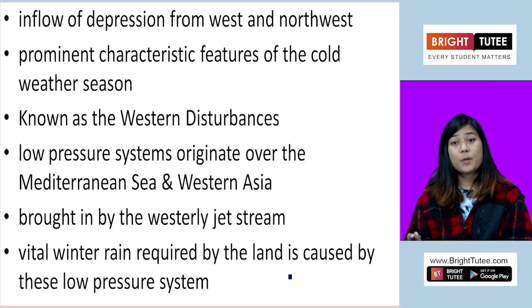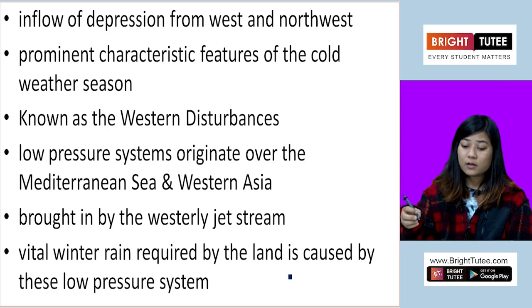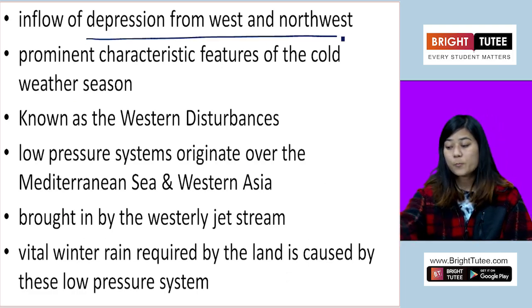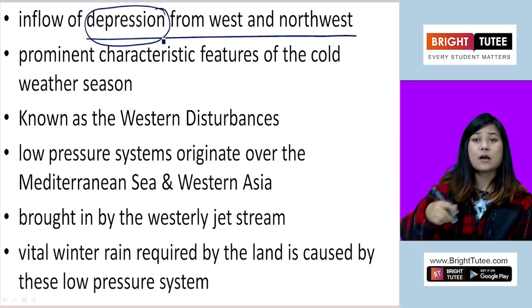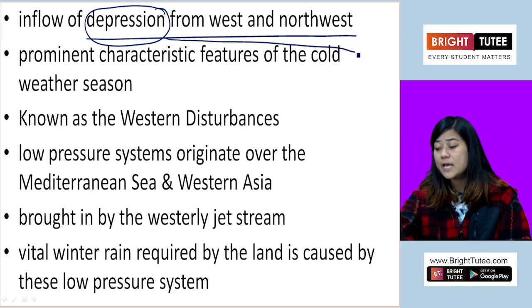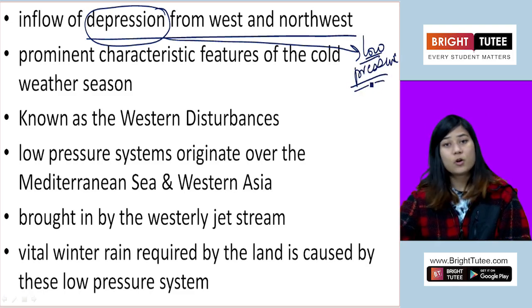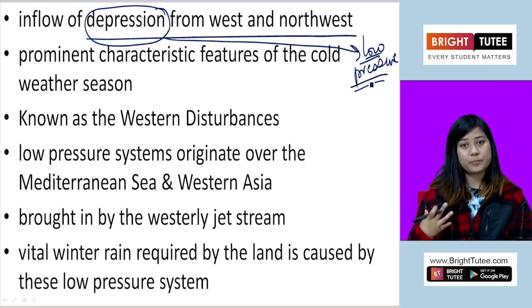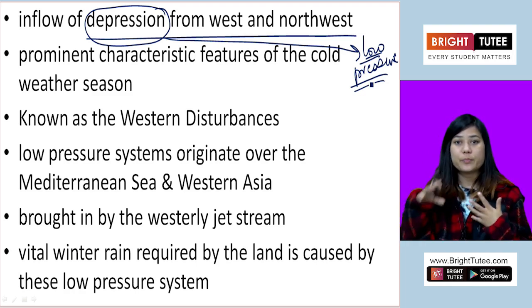Now, another prominent characteristic of this season is the depression from west and northwest. Depression basically is a weather condition which is formed as a result of the development of low pressure. Okay, now you already know how low pressure and high pressure are created, right? So when the temperature is high, the pressure is low.